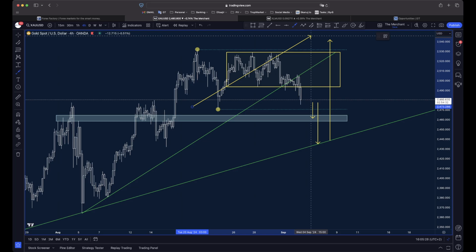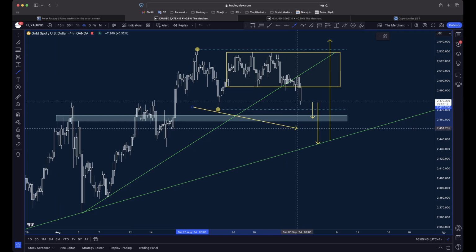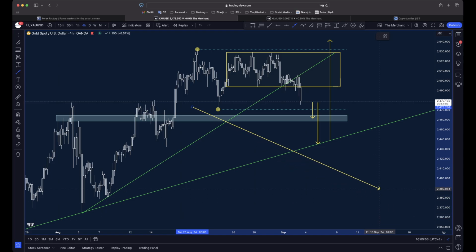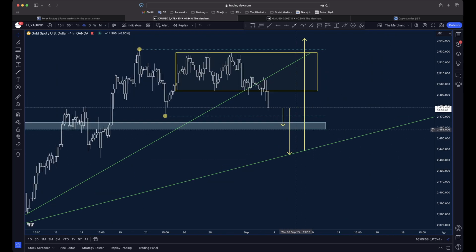And keep in mind, in weeks where we have big news like this week, with the non-farm payroll, we might see it happening in a slightly different way: price moves to the downside to collect stop losses which are below this zone and this zone, then moves to the upside to collect stop losses which are above here, and then moves to the downside, which will be, let's say, the massive move.